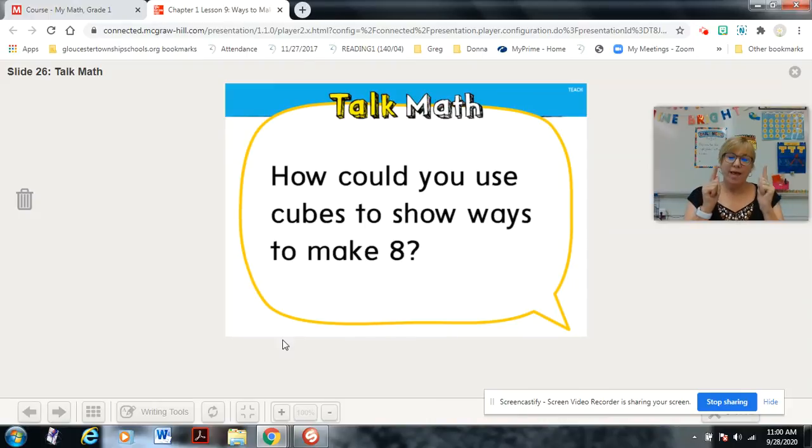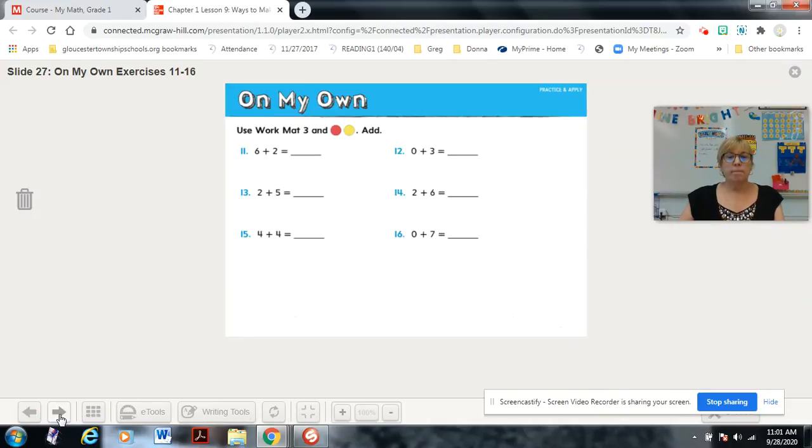You could start with 8 of one color, and every time you want to change it, you take off 1 cube, but you have to make sure that you put a different color on there, right? And keep changing it, okay? But you have to make sure you're always counting to make sure you didn't lose a cube, just like I do with our counters.